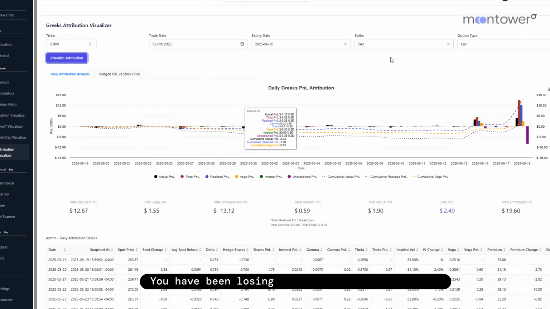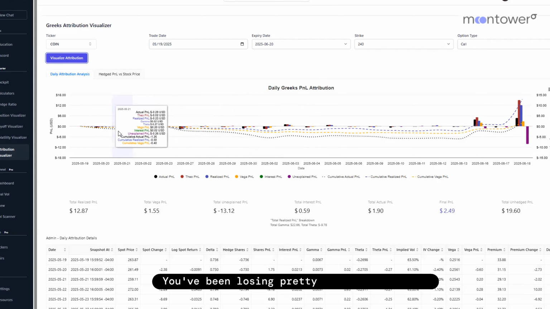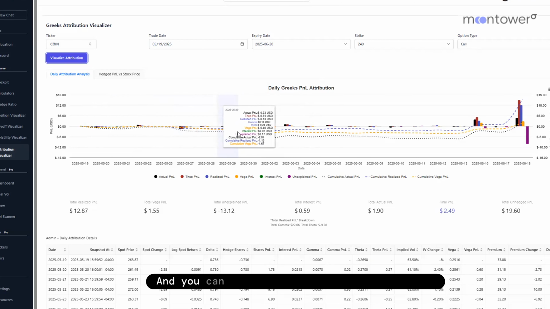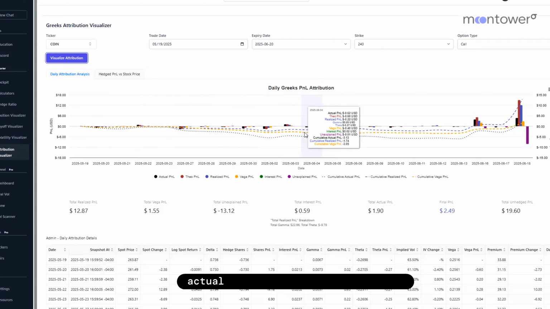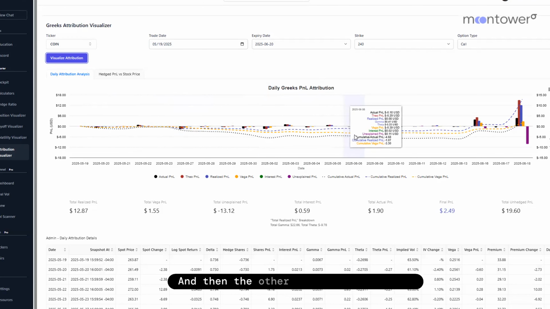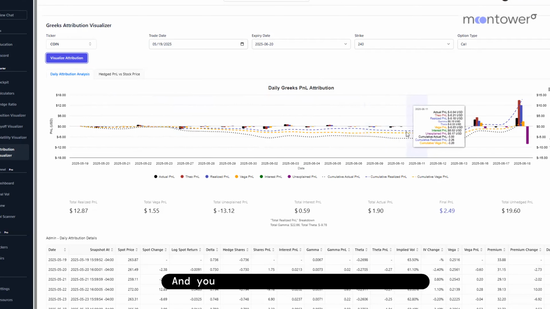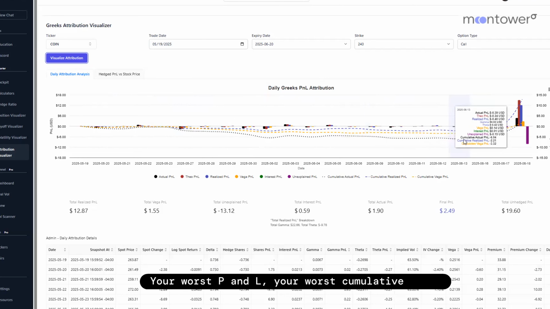You've been losing pretty much for the last month. You can go over here and see your actual P&L is the real P&L, and the other stuff is really the attribution. And you can see at your worst cumulative, right around June 13th, you're down $6 on a delta hedged basis. Remember, these calls were about $34 when you put them on.